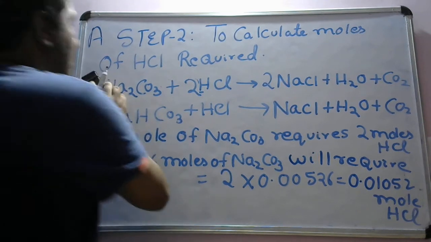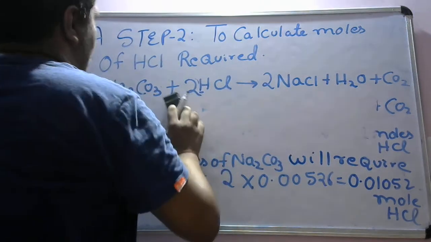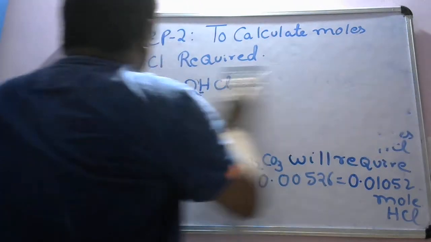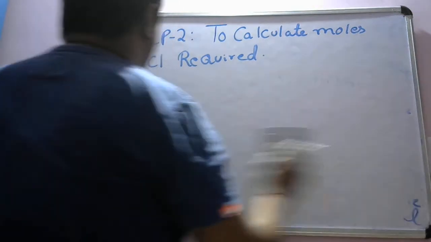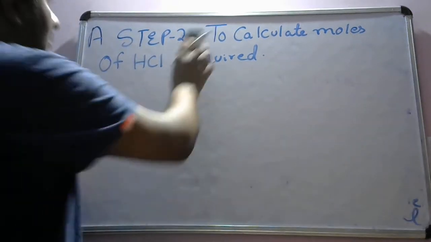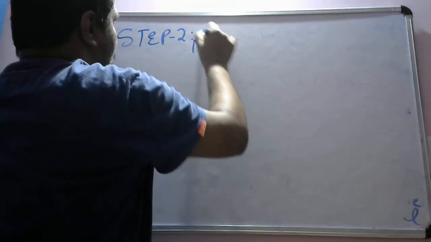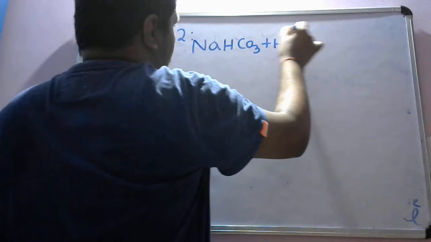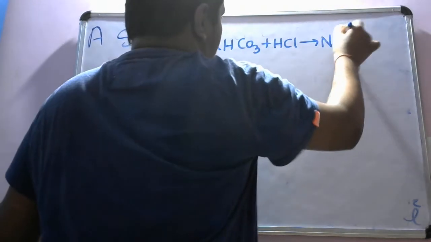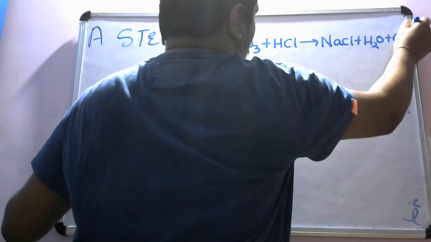Okay, now let us see. The heading is same, step 2 will continue. Here I am writing the reaction. NaHCO3 plus HCl gives NaCl plus H2O plus CO2.